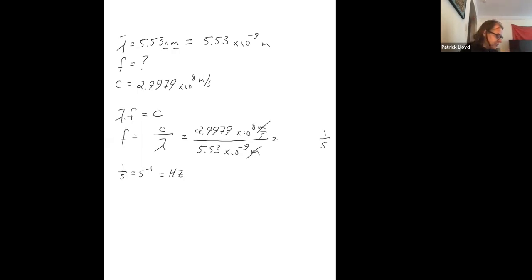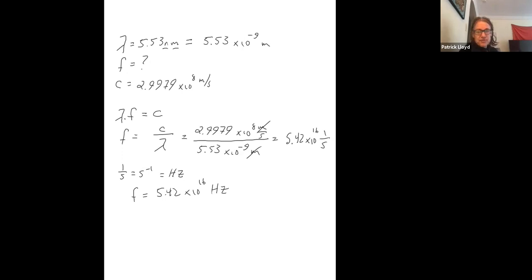So 2.9979 times 10 to the 8th over 5.53 times 10 to the minus 9 gives 5.42 times 10 to the 16. Typically we might say the frequency is 5.42 times 10 to the 16 hertz.